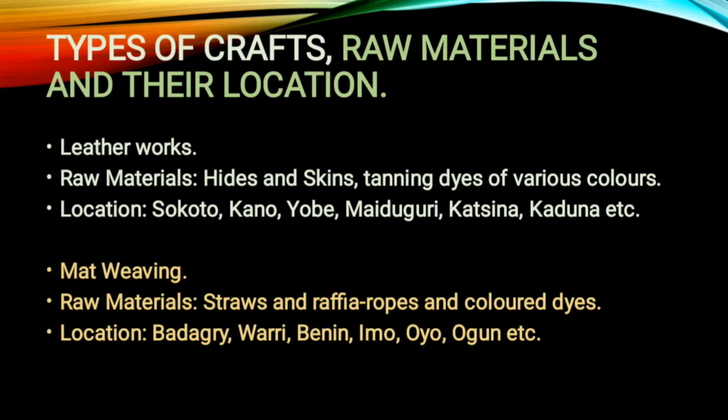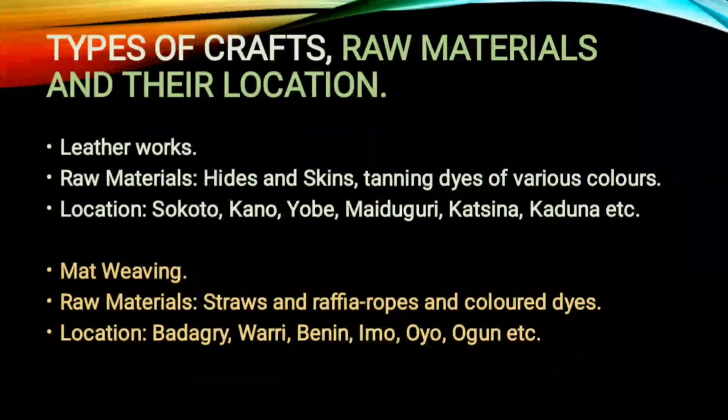Next is mat weaving. Our raw materials are straw and raffia ropes. We also have colored dyes.